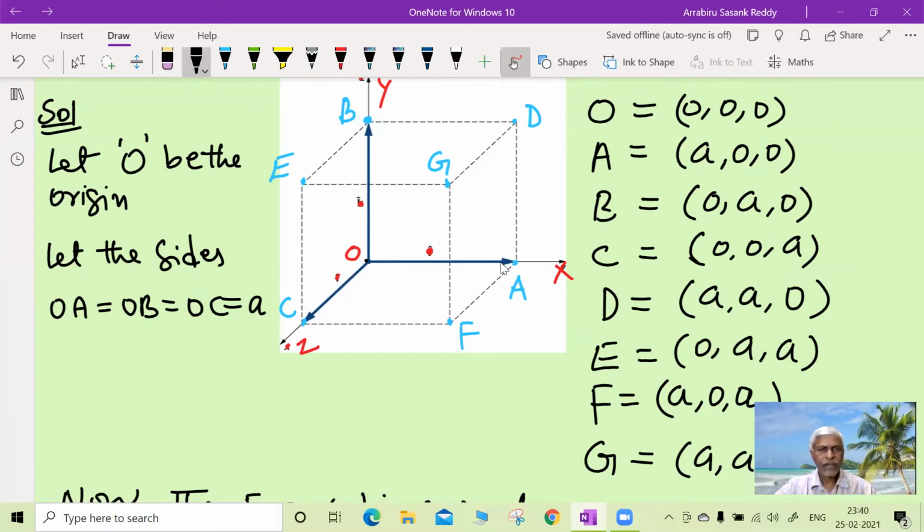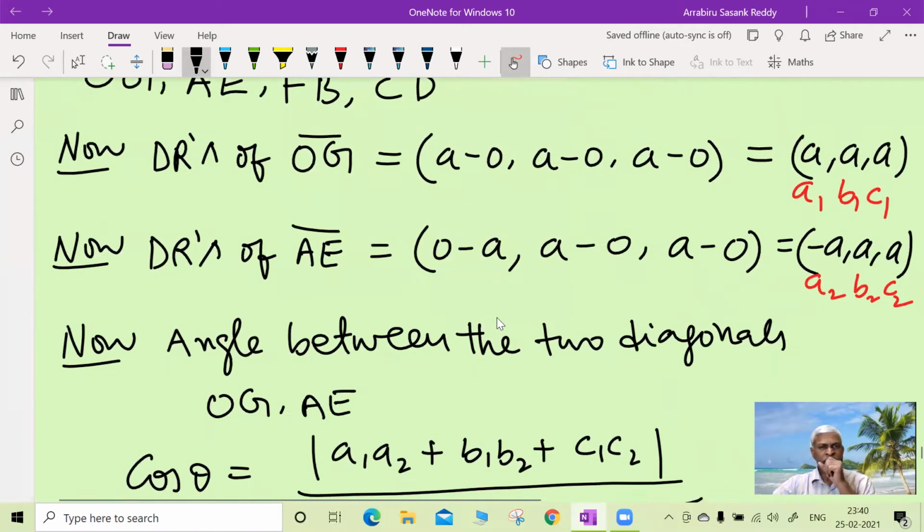We know if 2 points are given, then the direction ratios are x2 minus x1, y2 minus y1, z2 minus z1. O is 0, 0, 0, G is a, a, a. So using that formula, subtracting, these are the direction ratios of OG and the direction ratios of AE.